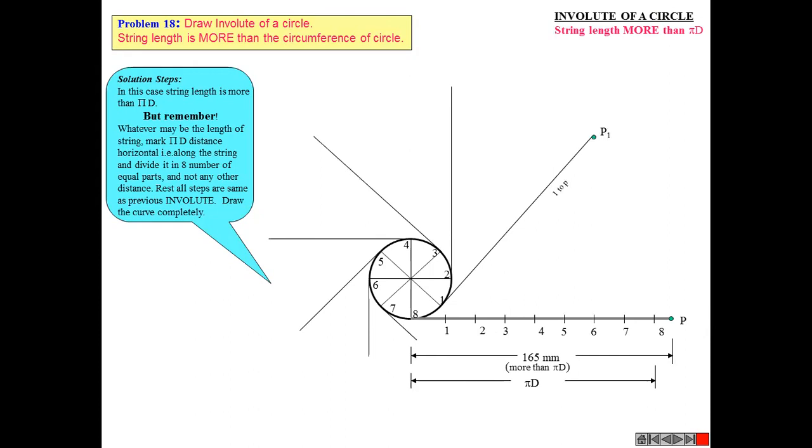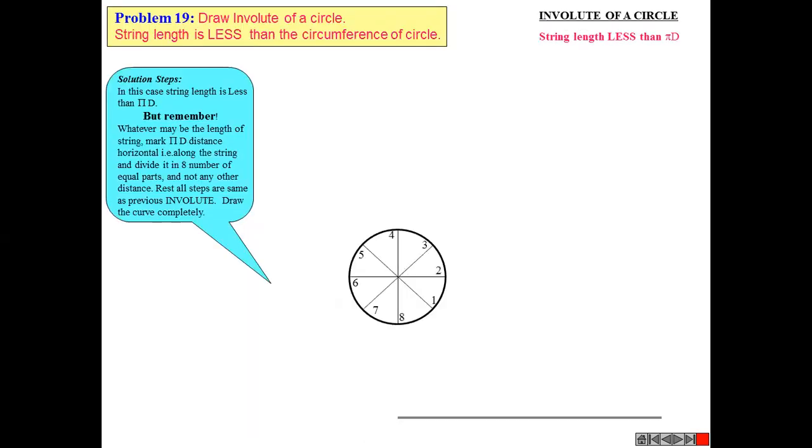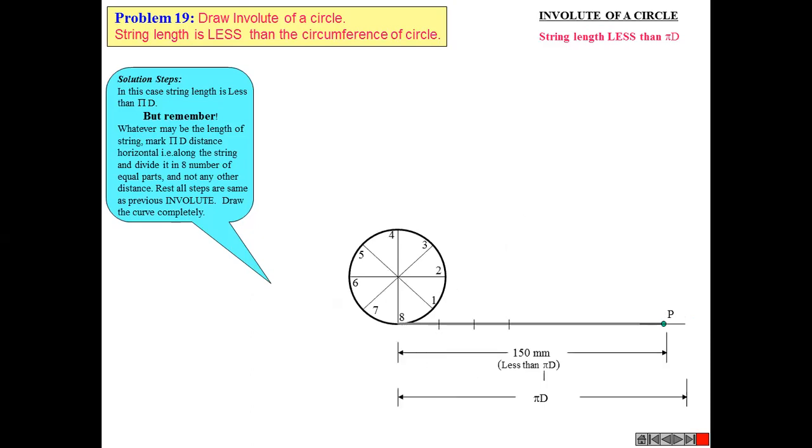If you have carefully examined, the curve with string length more than pi d will be away from the base curve by the amount by which it is larger than pi d. And if it is less than the perimeter, then it will be inside. Fine, that you have practically understood also. The same happens if the string length is less than pi d.